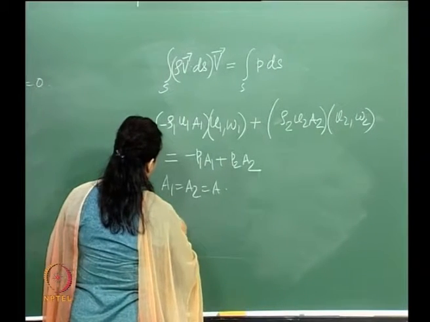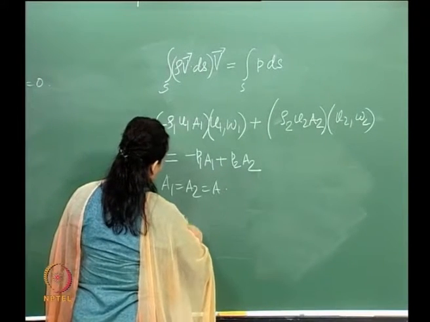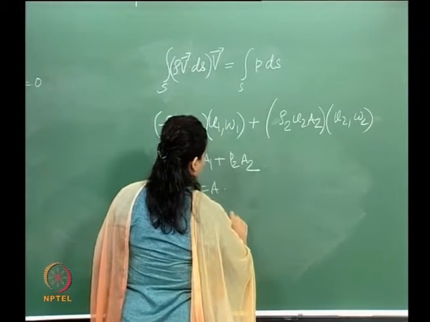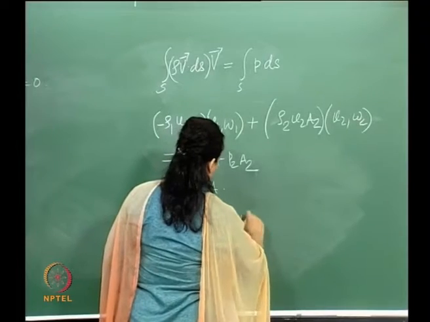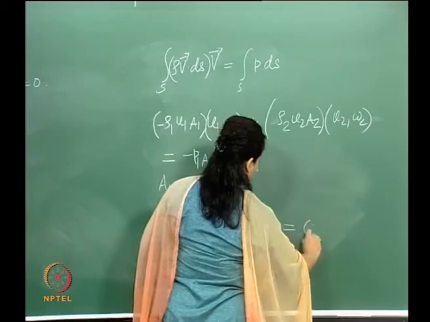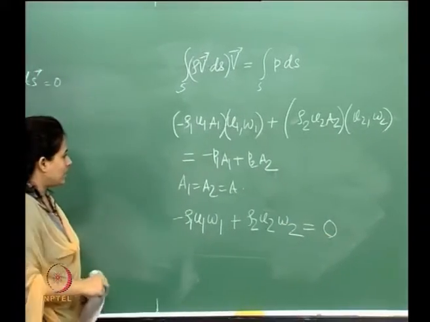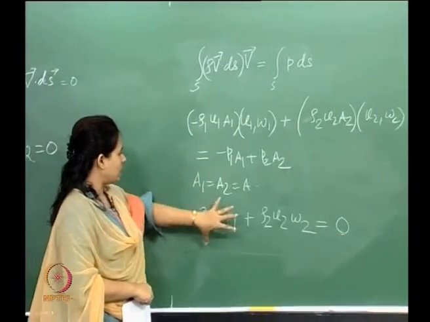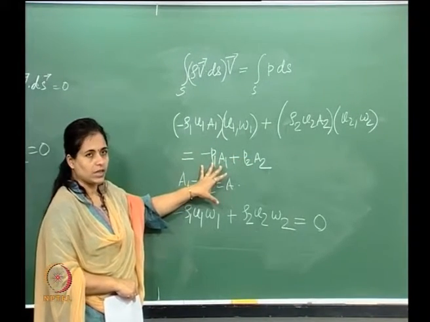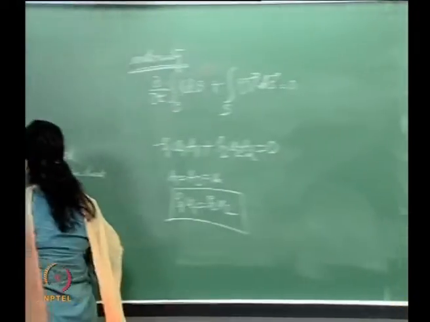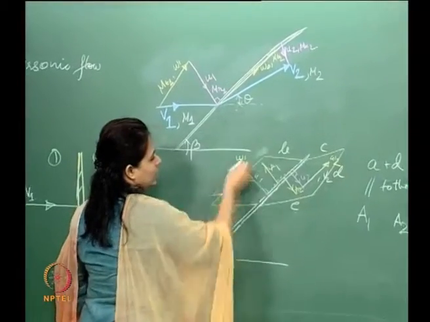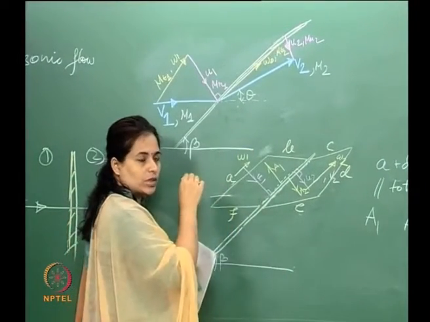What we get is rho 1 U1 W1 plus rho 2 U2 W2, right, because there is no component of the pressure in the parallel direction. The pressure is only acting normal to the oblique shock, right.